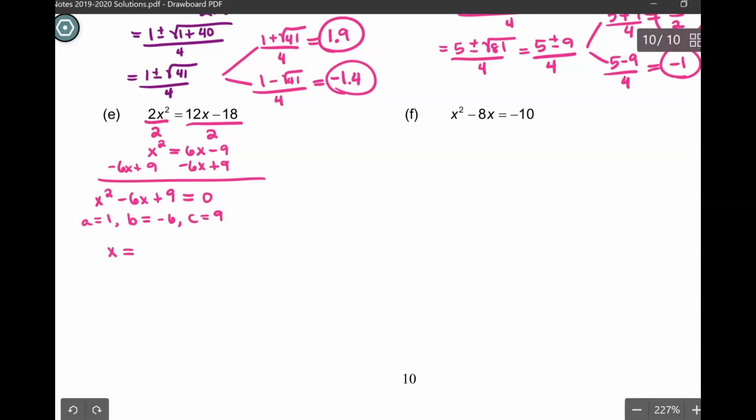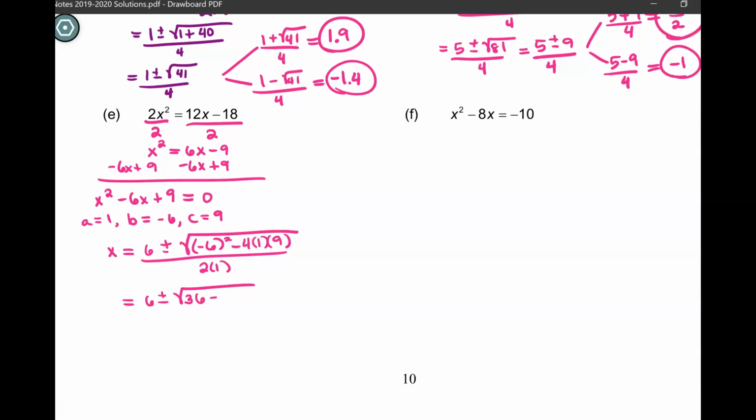So x equals the opposite of negative 6, that's positive 6, plus or minus, and then we have negative 6 squared, b squared, minus 4ac, so minus 4 times 1 times 9, all over 2a, so 2 times 1. So I get 6 plus or minus, I get 36 minus 4 times 1 times 9 is 36, all over 2.